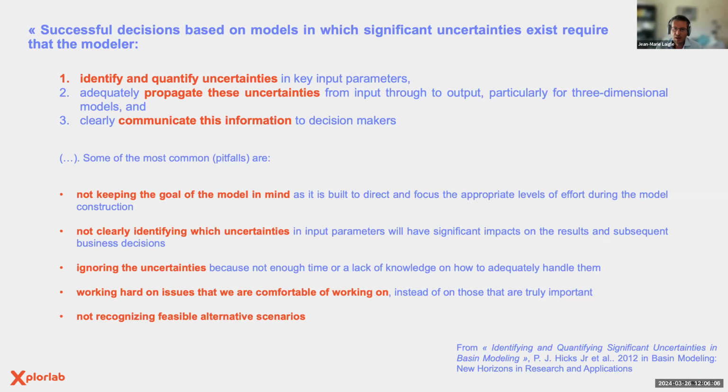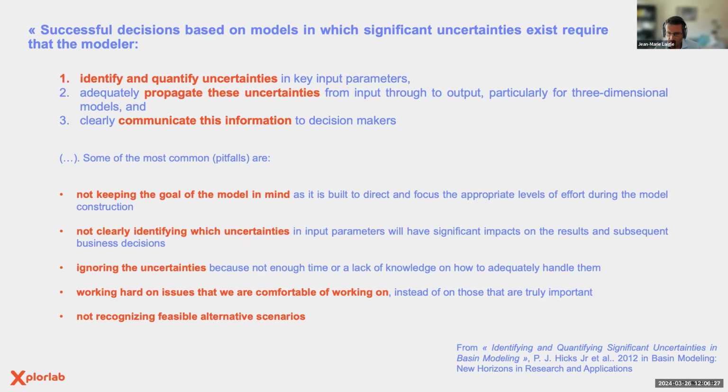One very important aspect that I want to emphasize, which helps to understand the value of building this interactive model, is the quantification of uncertainties. And this is something which has been recognized since the industry started building models.